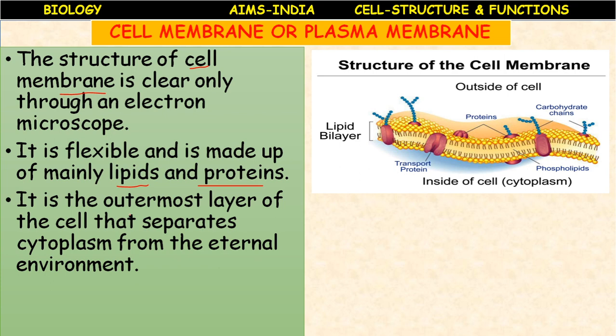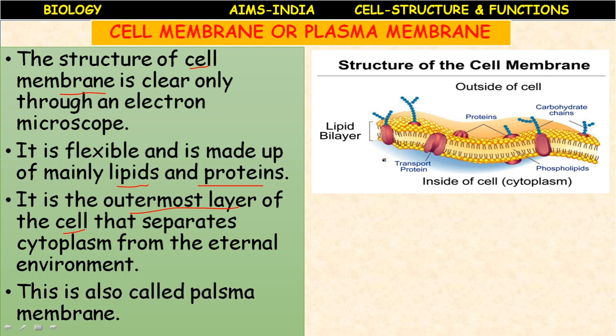The outer layer of cell that separates cytoplasm from the external environment. This outer side of the cell membrane separates the cytoplasm from external environment. This is also called a plasma membrane.